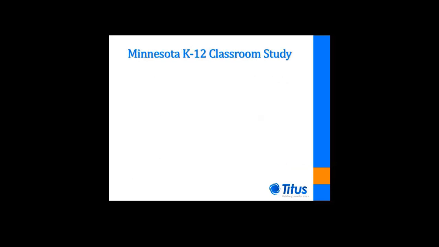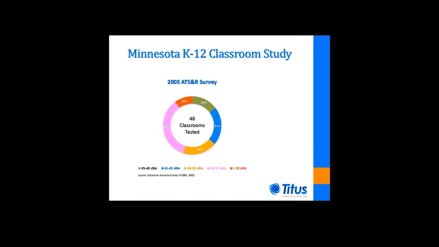This slide illustrates the state of affairs shortly after this standard was published. In 2005, the AHRI commissioned a design firm which specializes in K-12 education to perform acoustical testing in Minneapolis classrooms in order to determine their background noise levels when students were not present. 48 classrooms were tested during the survey.